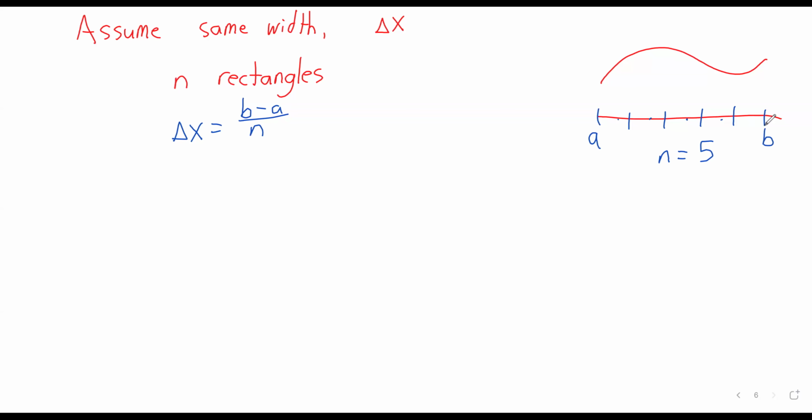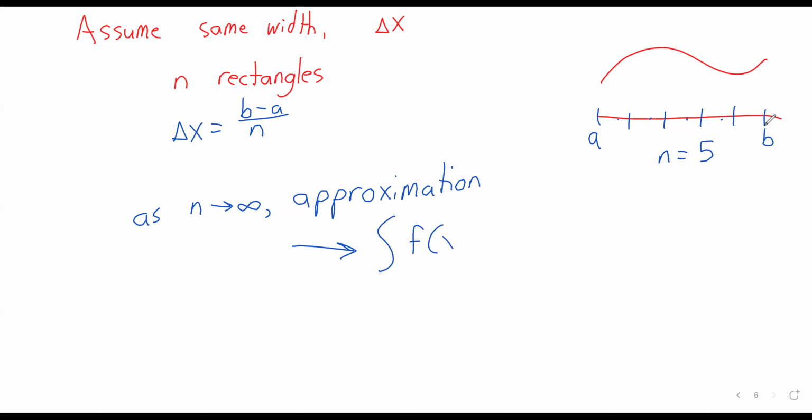So b minus a over n. And as n goes to infinity, this approximation gets better and better. This approximation gets closer and closer to the integral you're looking for.